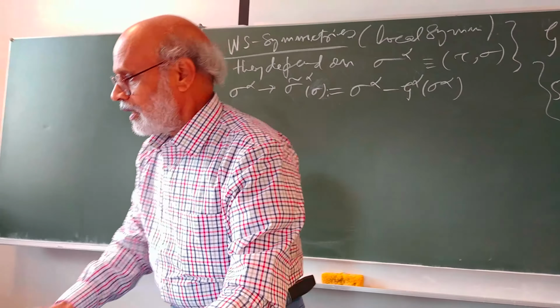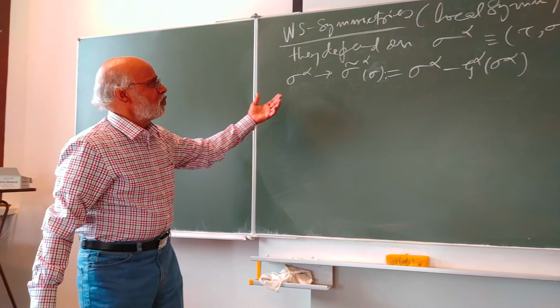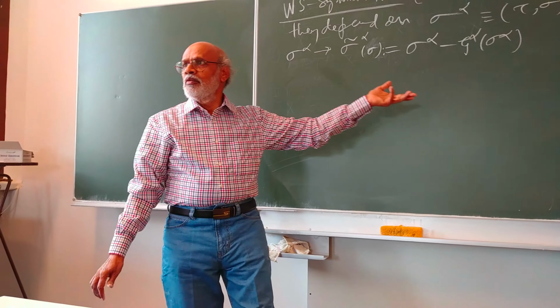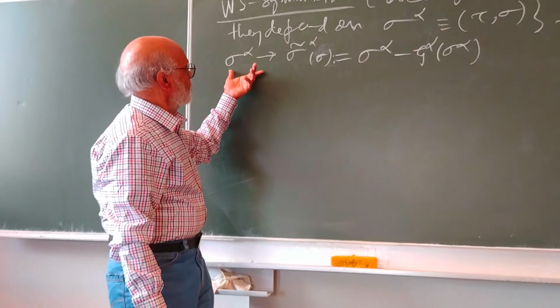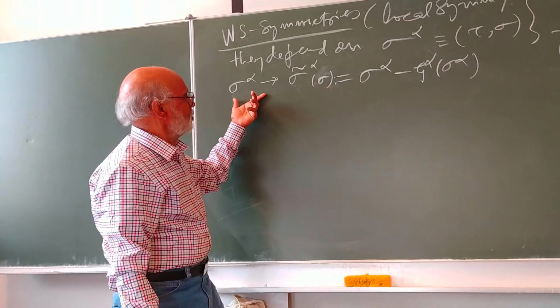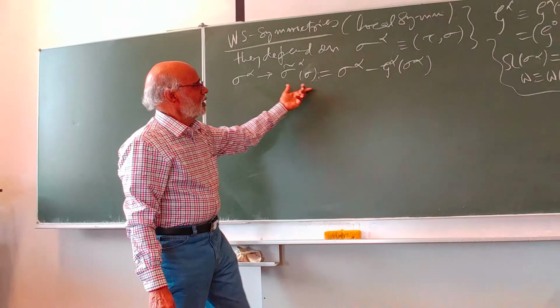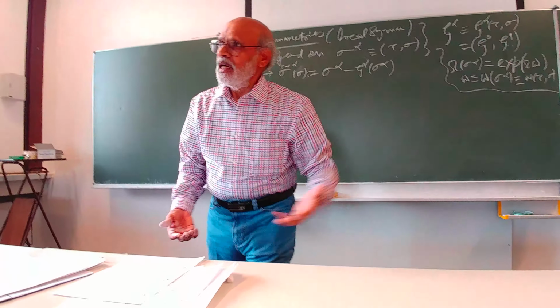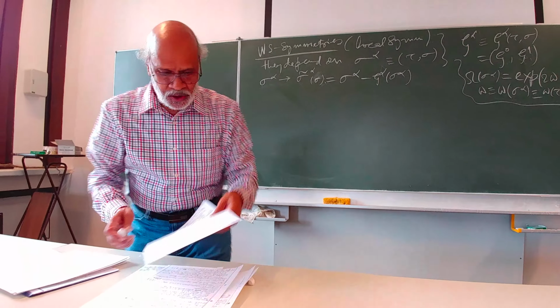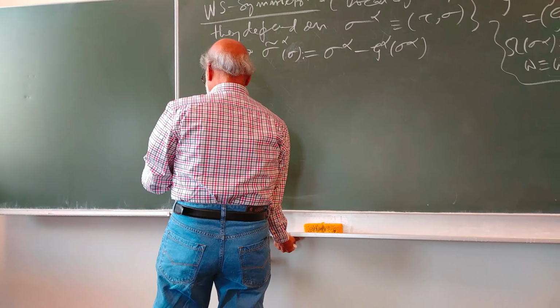So we consider a transformation in the worldsheet coordinates, sigma alpha going to sigma alpha minus zeta alpha, and we try to see what happens in this case.